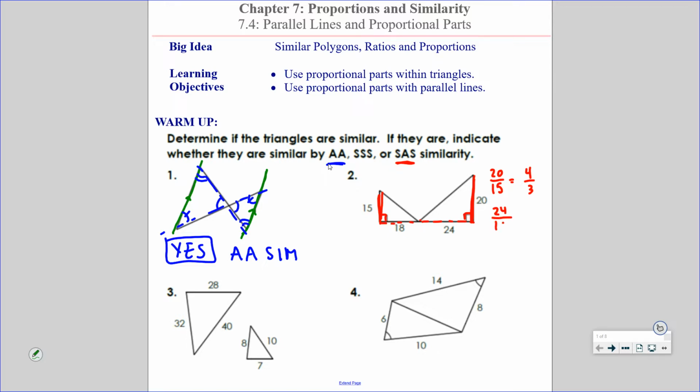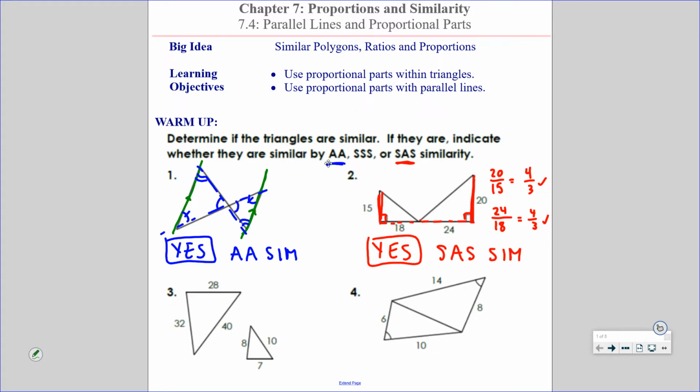Does that reduce to 4 to 3? Oh, they're both divisible by 6. Yeah. So the sides are proportional, included angles congruent. So yes. Side angle side sim.